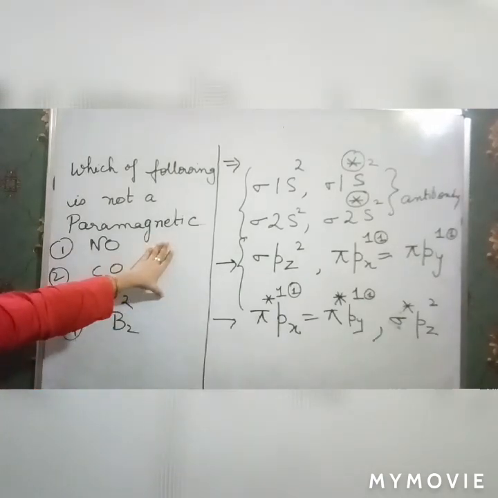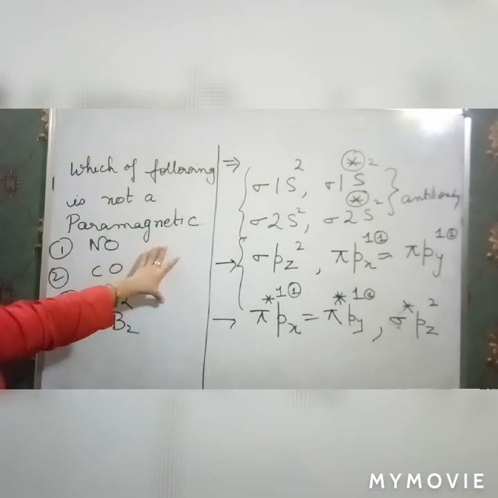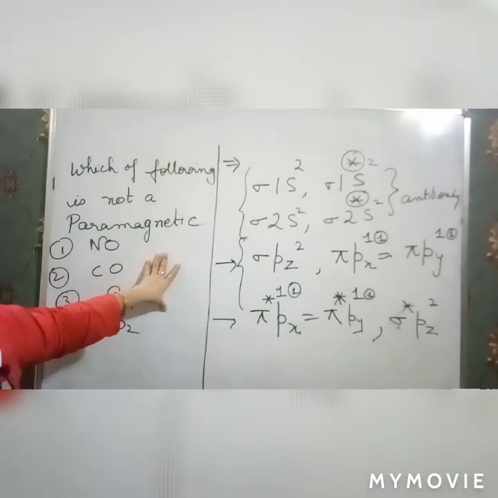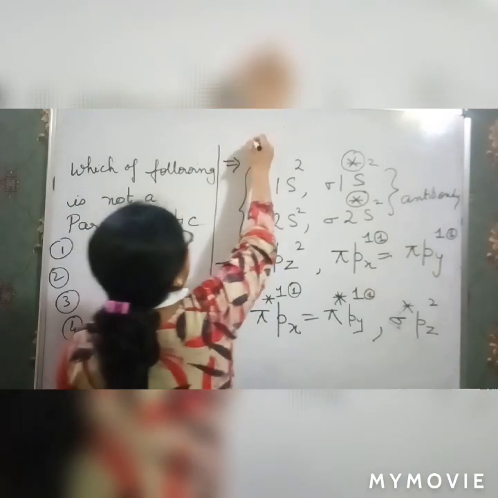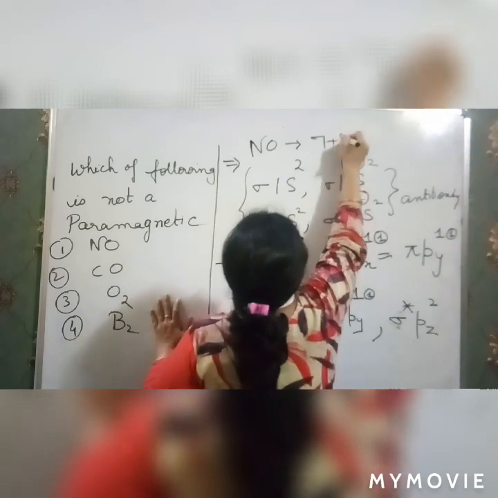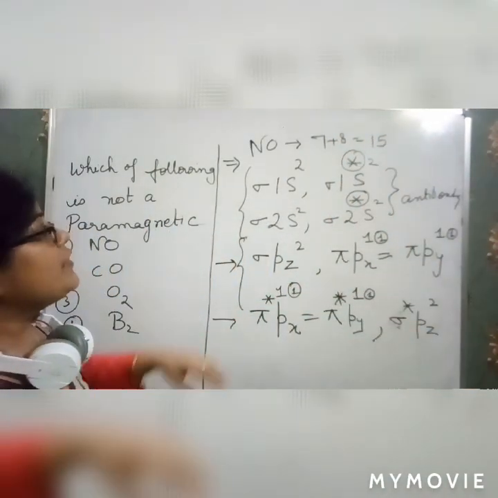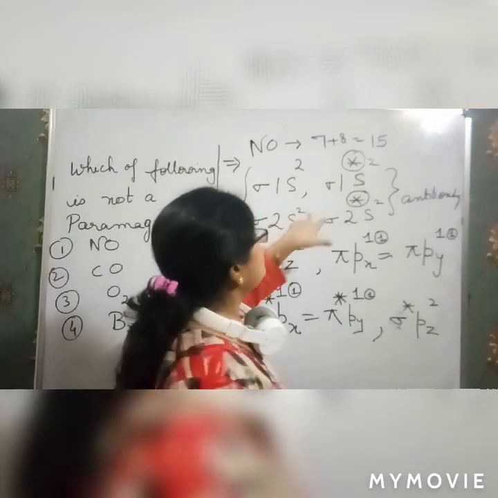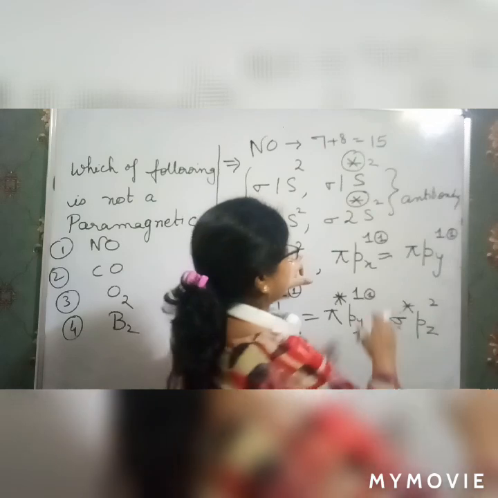In order to find the paramagnetic and diamagnetic behavior, we use the atomic numbers of the elements. So first one is NO. So atomic number of NO is 7 plus 8. That means we have 15 here. Okay. Now I am going to start filling: 2, 4, 6, 8, 9, 10. Okay.